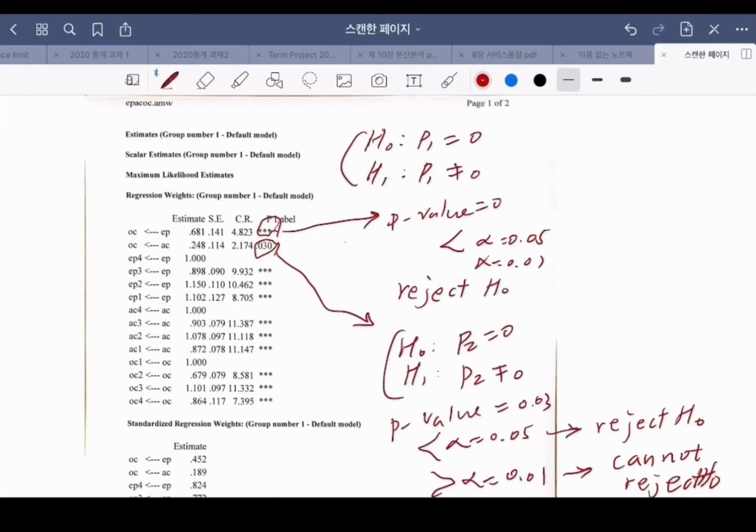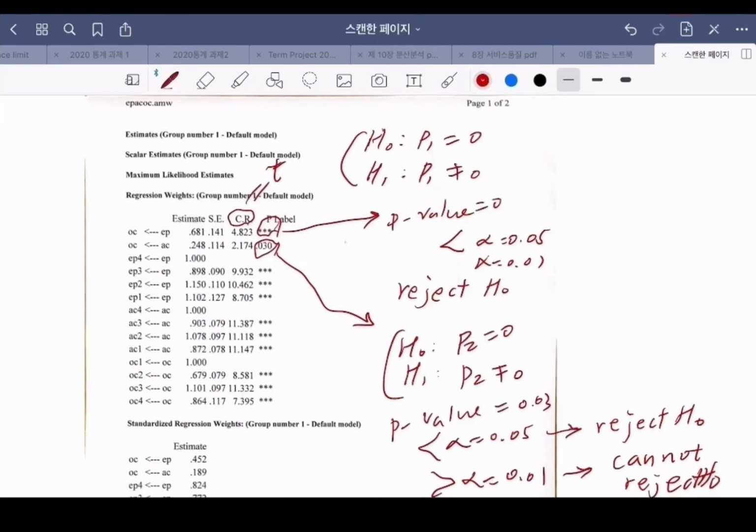Now, what is CR? CR is called the critical ratio. It's the same as the T value. If you don't have a p-value, you can use T instead. When you use T, you compare the T value to 2.